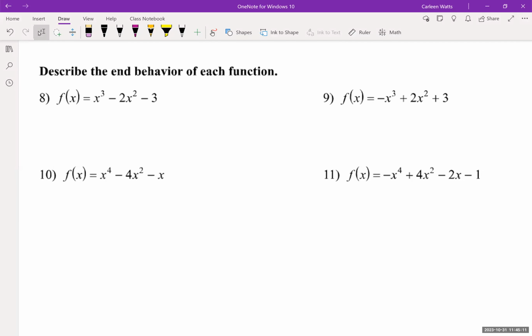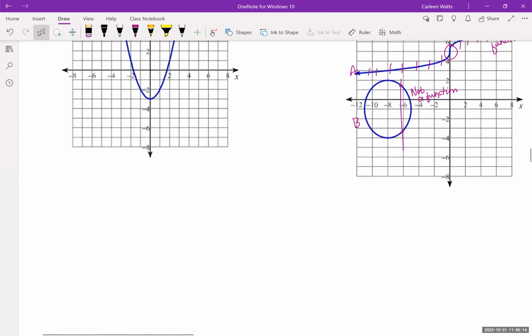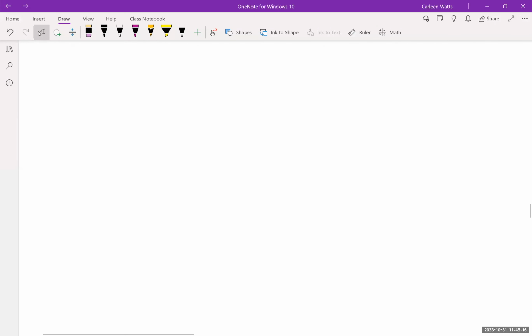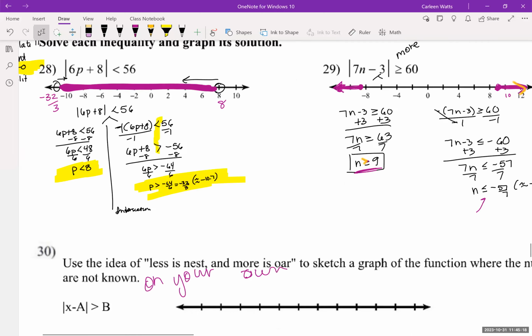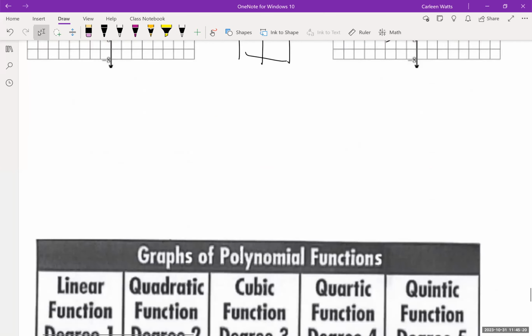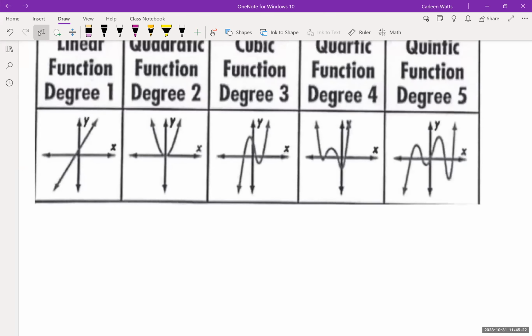Okay, describe the end behavior. So last week, we talked about this. Yeah. So number 11. Okay, number 11 looks like this.